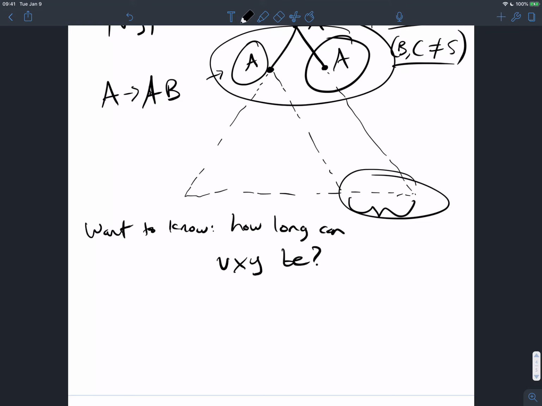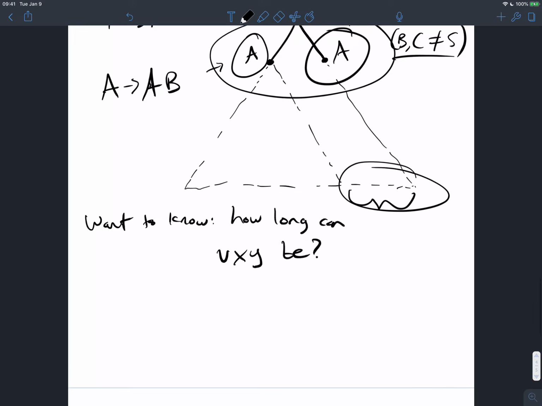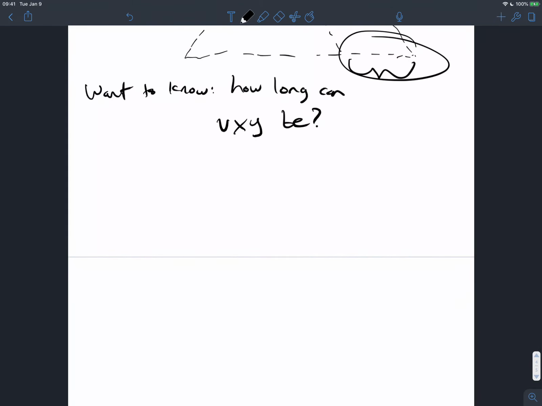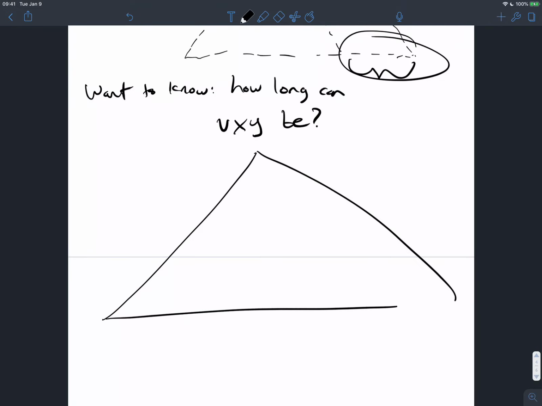X isn't really the part I'm pumping, but I'm taking it along for the ride because I'm taking the subtree and copying it down. Well, let's see. If I take any subtree, let's say I have a really big tree, I'm making a lot of parse trees today.